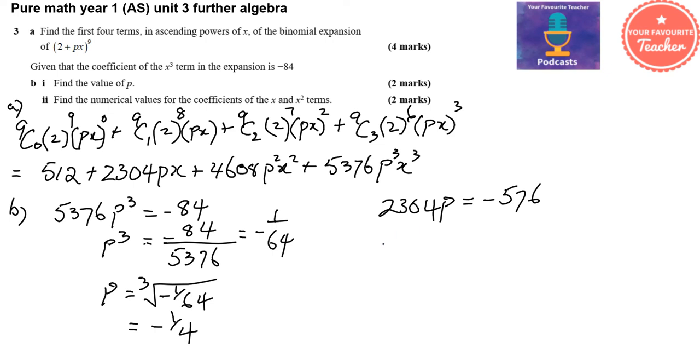And the second part is 4608 p squared. And again, if we put p is equal to minus a quarter, that comes out to 288. So that's our three sets of questions answered there in that particular one.